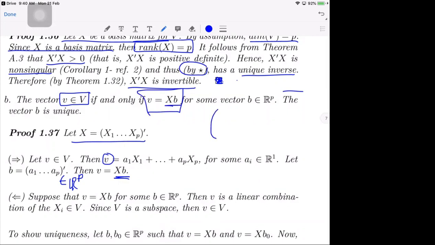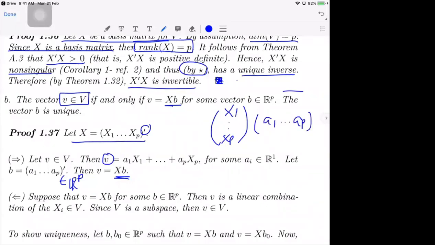So kung naa kay X na X1, B is A prime. So dapat patindog na ni siya. X1 to XP, and then mao ni imong B, A1 to AP.